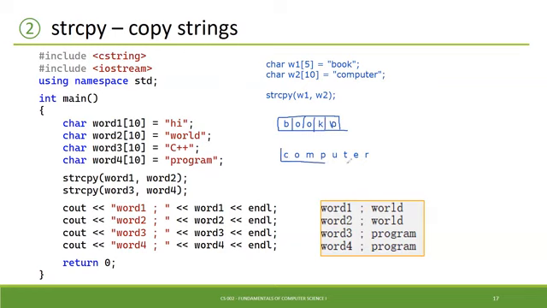And this is size 10. Computer has 8 letters: 1, 2, 3, 4, 5, 6, 7, 8, and 2 spaces will be null, right? This is W1 and W2. And I want to copy W2 to W1.